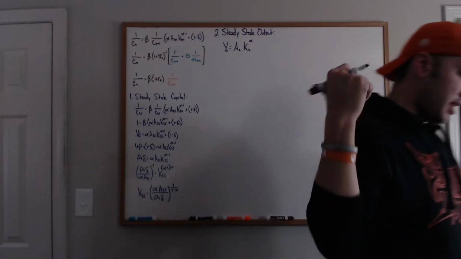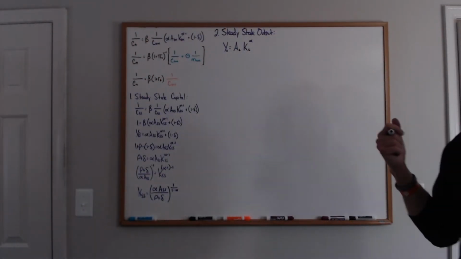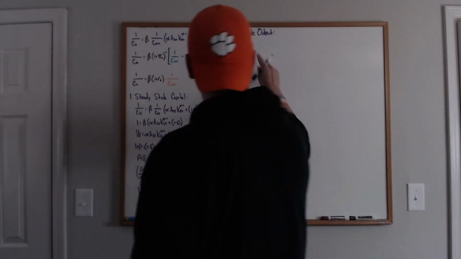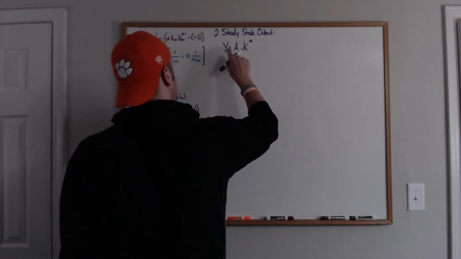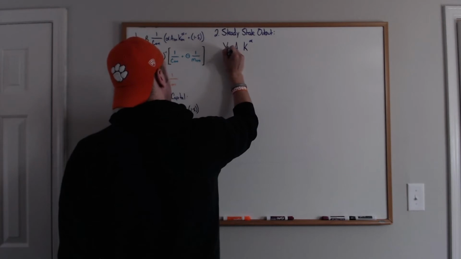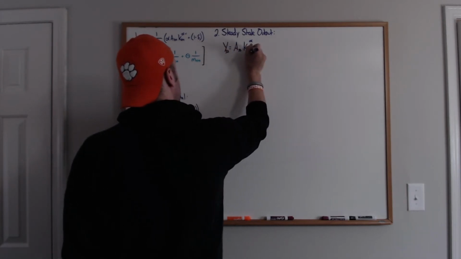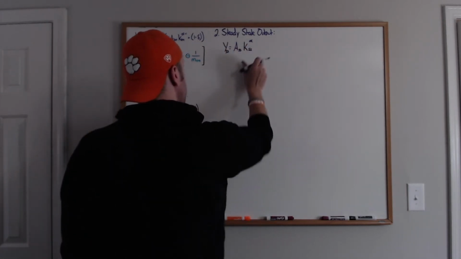Output, when it's not in the steady state, is equal to that. Yt equals At times Kt to the alpha. Well, in the steady state, it's just Yss equals A times Kss to the alpha.